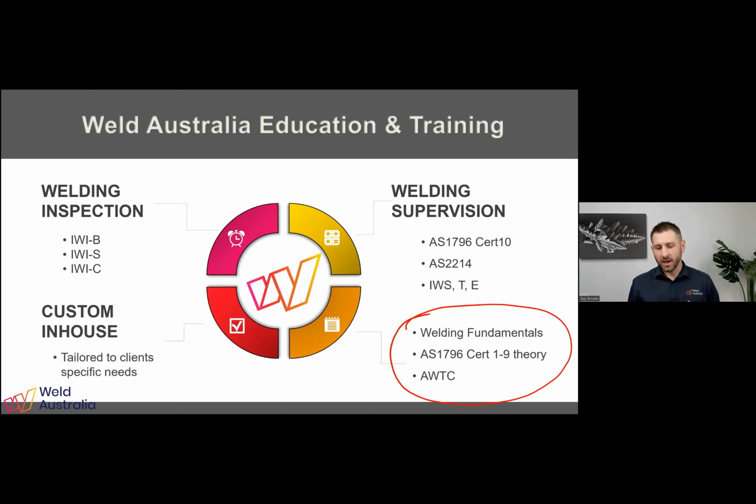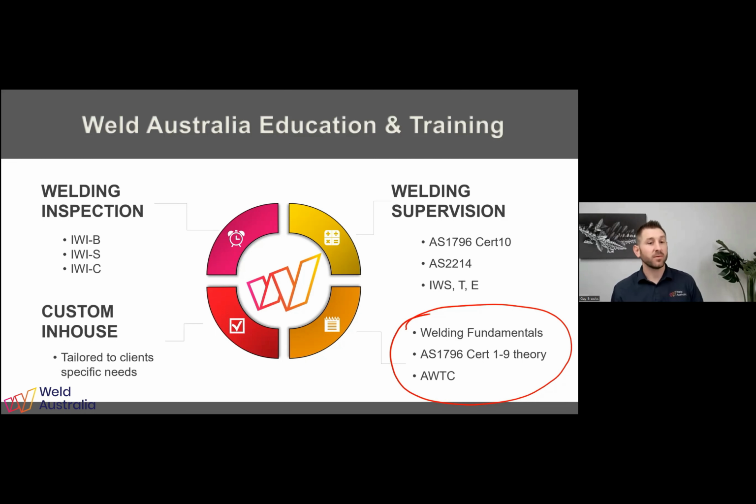It goes through six core topics that we think people need to know about. So if you've got QA/QC personnel who don't really know a lot about welding, but they're going around with welders, with boilermakers in workshops and on site, this is going to give them a better understanding of what standards apply and why we're looking at these things. It goes through process as one of the modules.